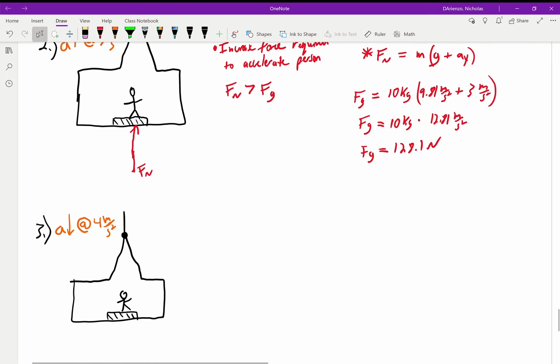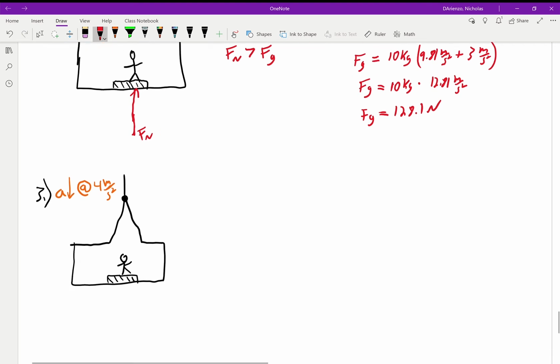Considering the third scenario here, if we are going to accelerate downwards at a rate of 4 meters per second squared, it's almost like the scale is falling out from underneath the person as they fall, but the person's not floating in the middle of the elevator. So they're still attached, but it's just falling out from underneath them ever so slightly.